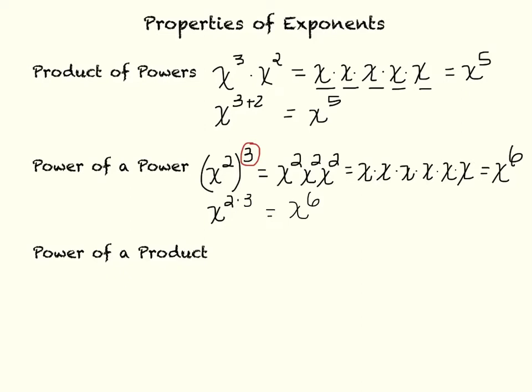Power of a product. So let's assume we're taking this product, which is 2 times x squared times y squared, and putting it to a power. The first thing you need to remember is everything has an exponent on it. If it isn't seen, it's 1.